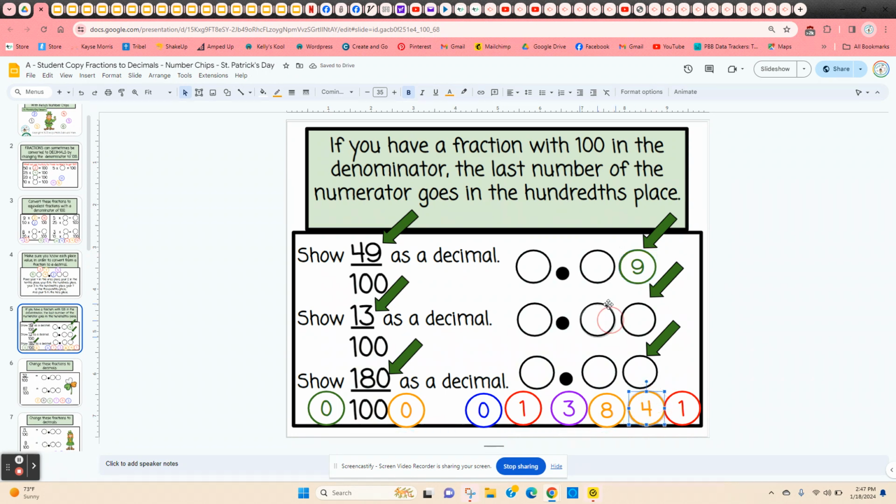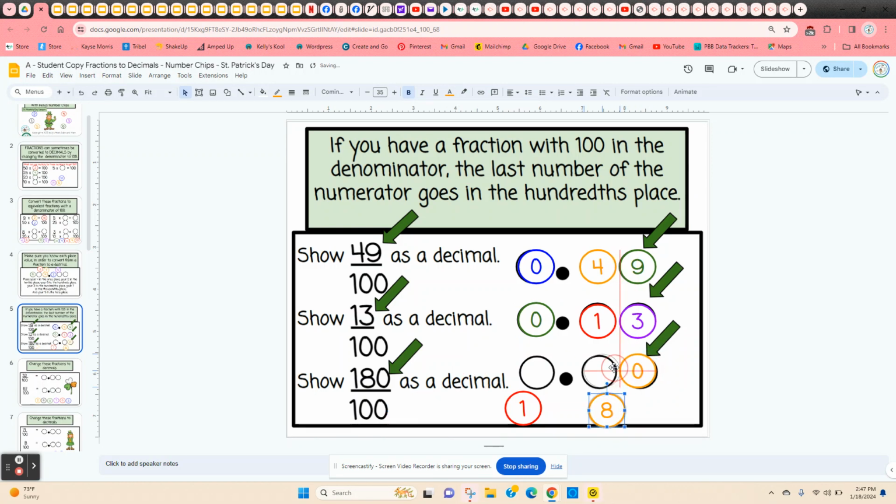The 4 is going to go next to it, and then this number is going to be a 0. 13 hundredths, we know the 3 is going to go in the hundredths place, and then just place the 1 to the left of it. This number will be a 0. And then 180 hundredths, that 0 will be in the hundredths place. And if we place the other two numbers, we get 1 and 80 hundredths.